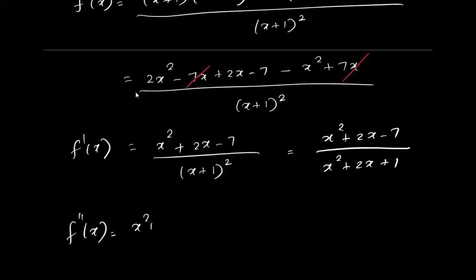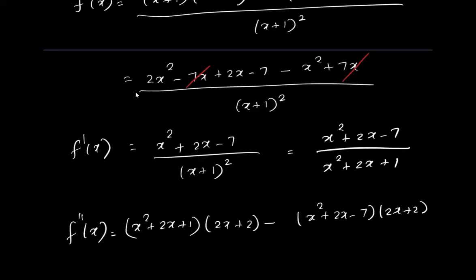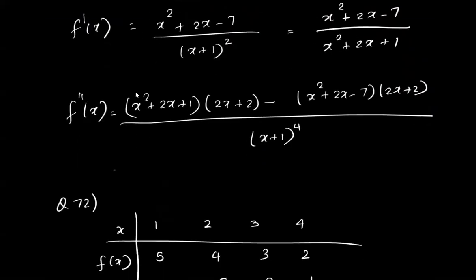So then I take the denominator times the derivative of the numerator, minus the numerator times the derivative of the denominator, all over the denominator the whole squared. Okay, so then I can see what gets cancelled, but before that I need to distribute and all of that stuff. So let's do that.